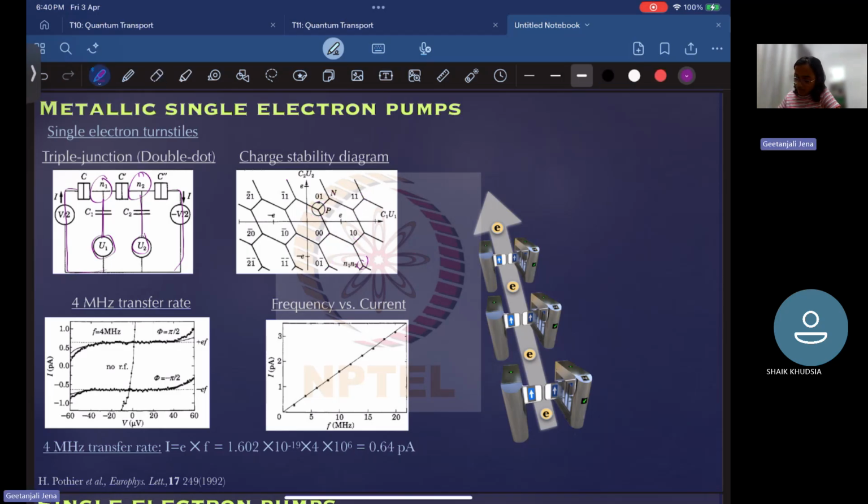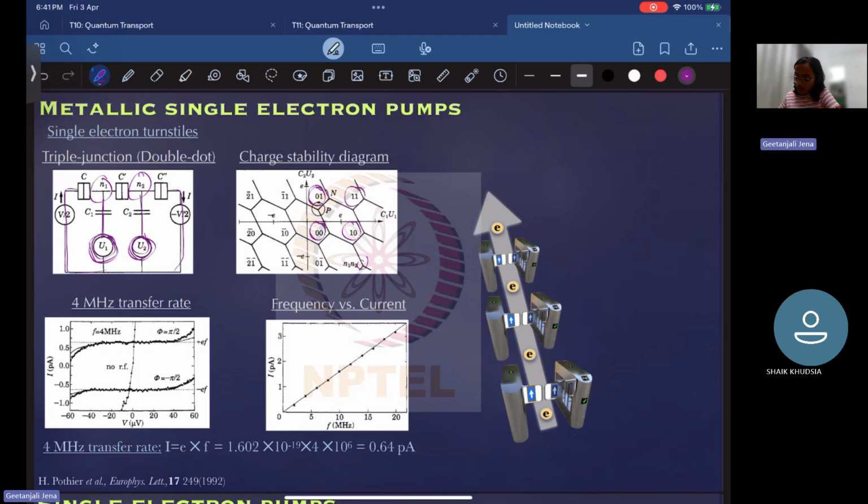This means if you change this gate voltage in a more controlled manner, you can see the 0 0 state and the 1 0 state, or the 0 1 state, or the 1 1 state. So you can get all these states by controlling the U1 and U2 voltages.